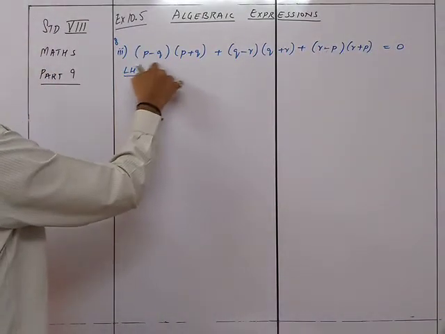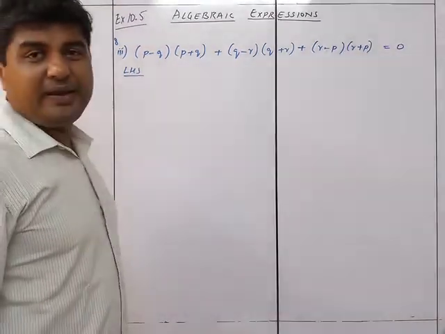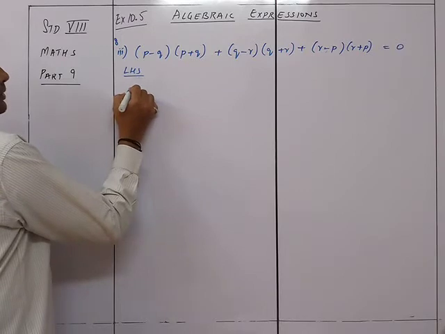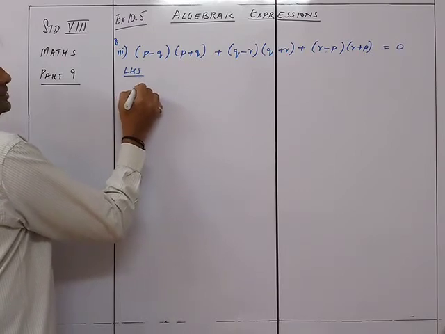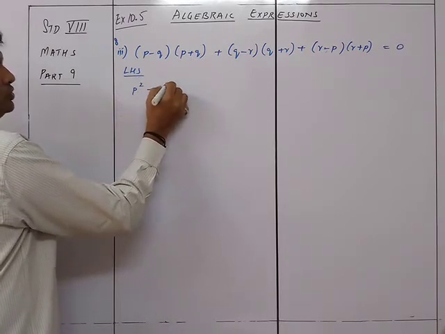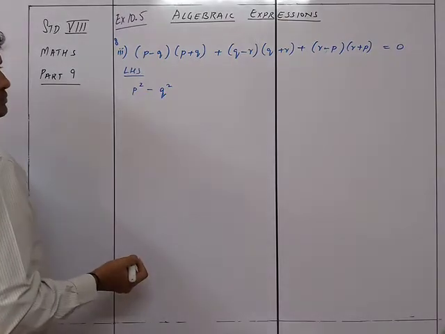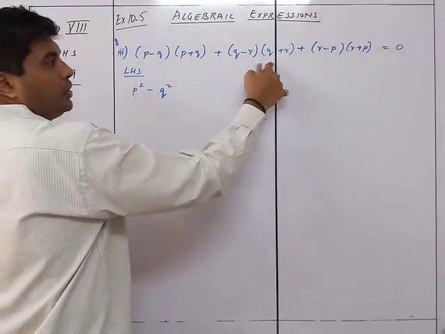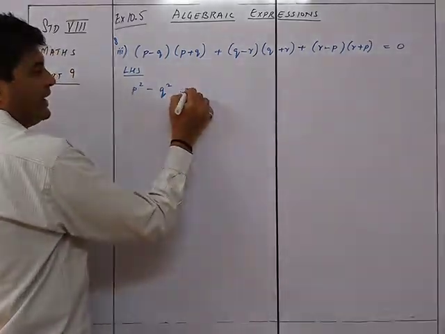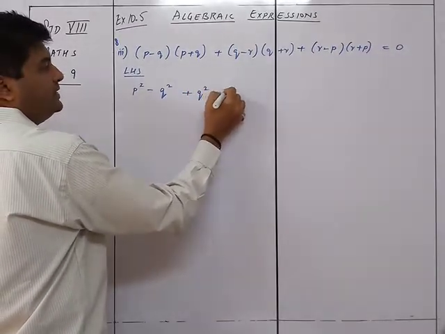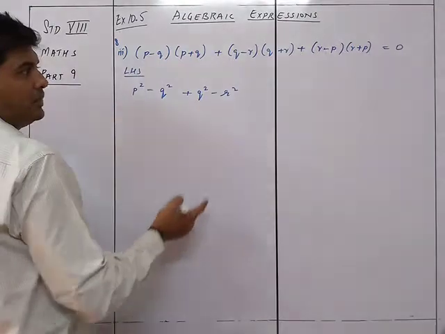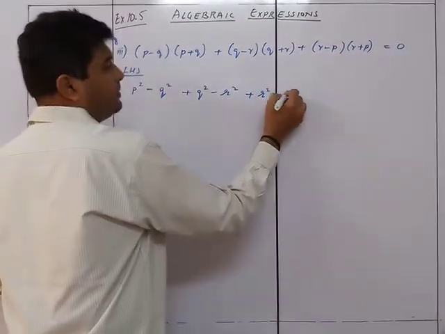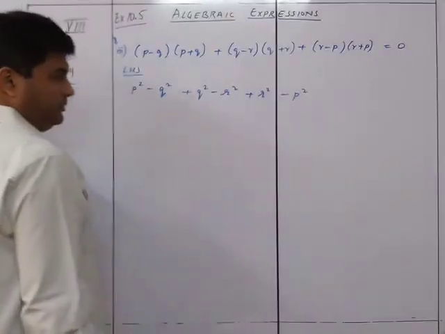Now we know that a plus b into a minus b is a square minus b square. So this becomes p square minus q square. What will this become? Again, q square minus r square. Over here again plus r square minus p square.